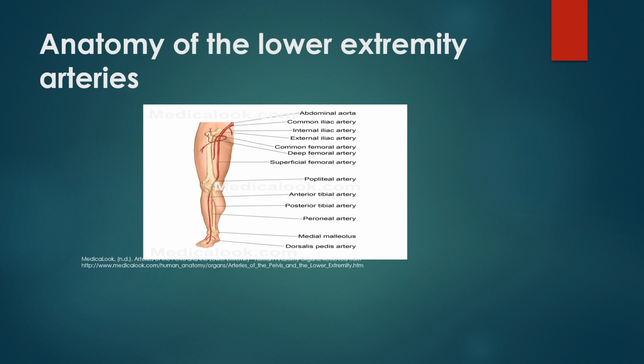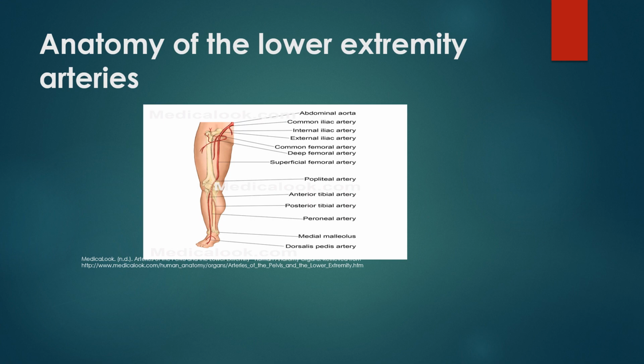Here I have a picture of the lower extremity arteries. I have the anatomy starting from the abdominal aorta down to your dorsalis pedis. You can see here your abdominal aorta is further up, which goes down to your common iliac artery, and your common iliac splits into the internal and the external iliac artery.